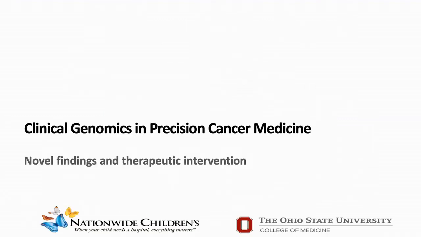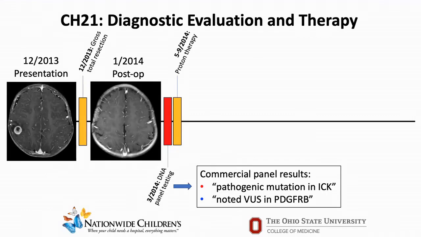So I want to turn my attention now to a few brief case studies to give you an idea of how all of these parts and pieces work together to bring genomics into the practice of precision cancer medicine. I'll start with this case study in a very young child, initially diagnosed at age 1 in 2013 with this meningeal sarcoma.